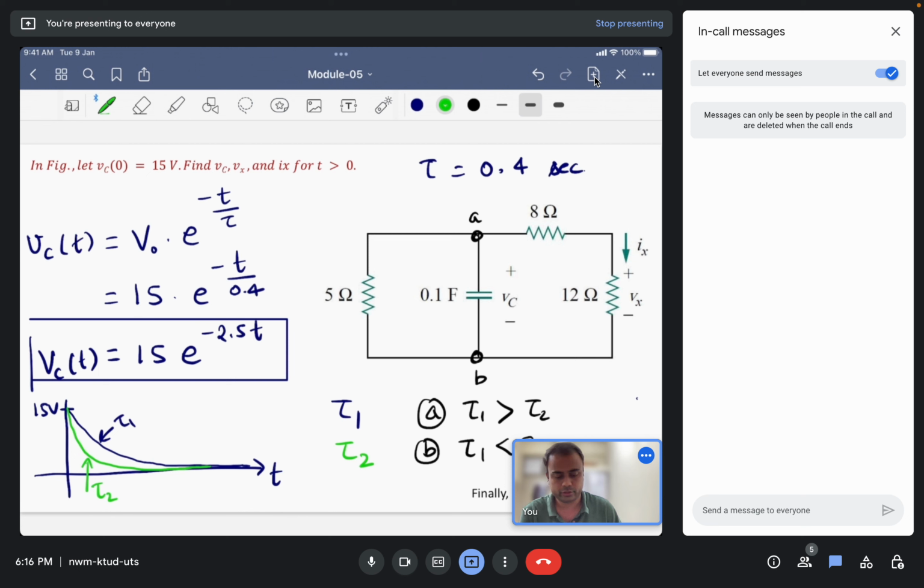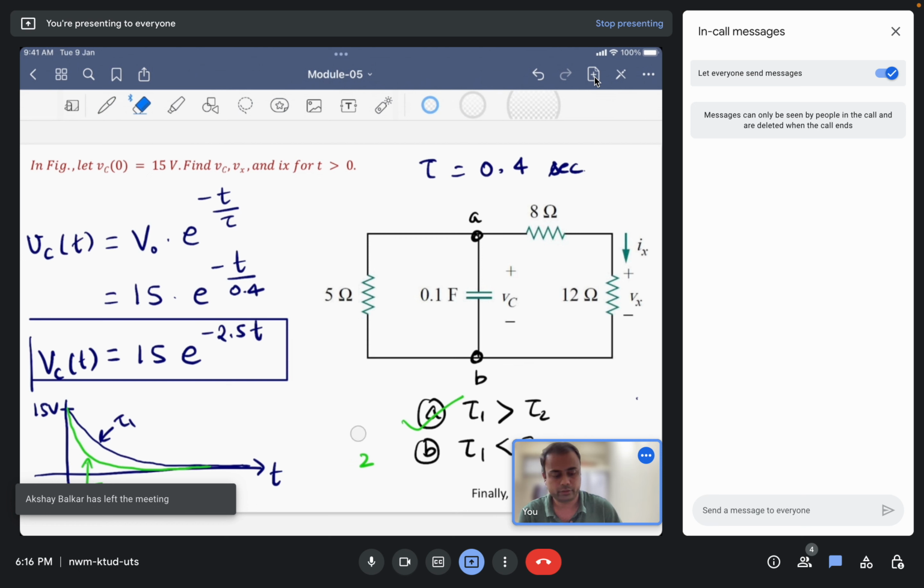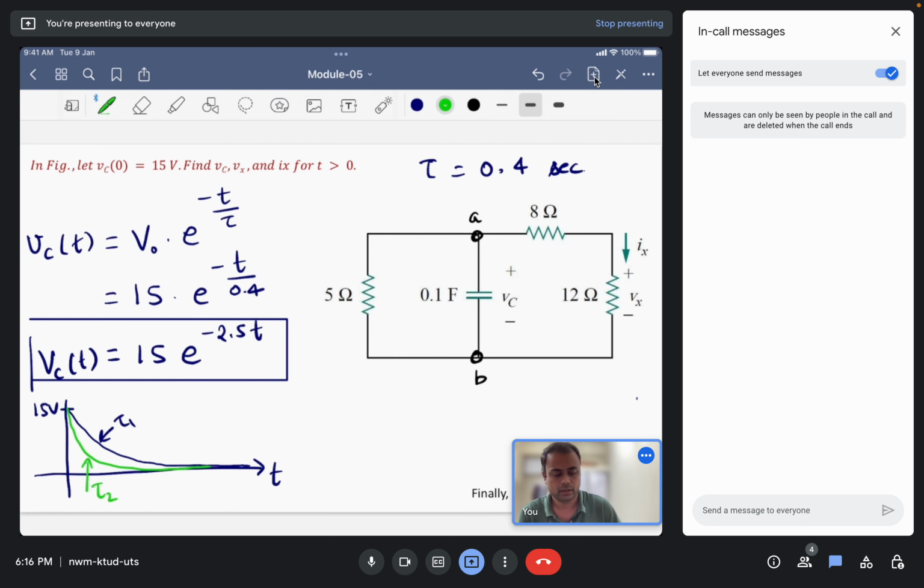So therefore tau 2 is smaller than tau 1. So option A is the correct option. That is for low values of tau, we reach steady state faster.